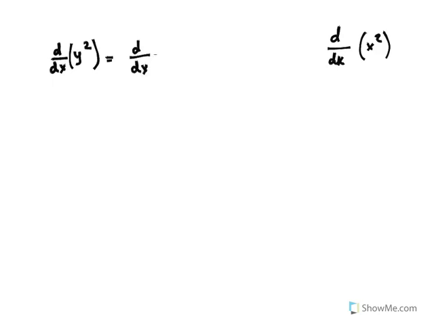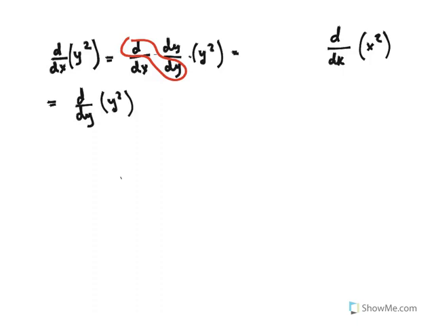I'm going to multiply by dy over dy. I'm allowed to do that, right? And I still have that y squared. Now, I'm just going to take this part right here, which is dy, and put it right next to y squared. Now you see the symbols match up, right?